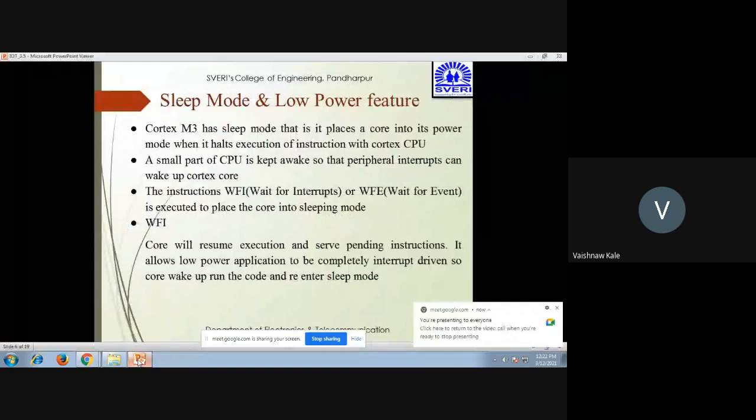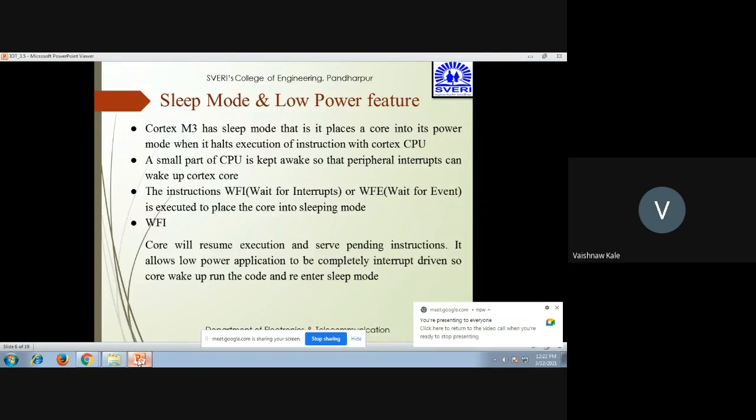See, the core will resume execution. Once it's in a sleep mode, then the interrupt is given. It resumes the execution mode and serves the pending instructions. It allows the low power application to be completely interrupt driven so that the core wakes up, runs the code and re-enters the sleep mode.